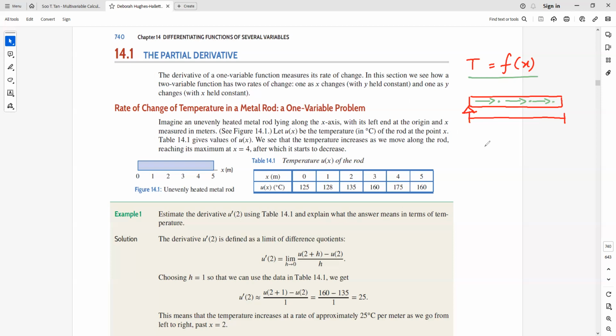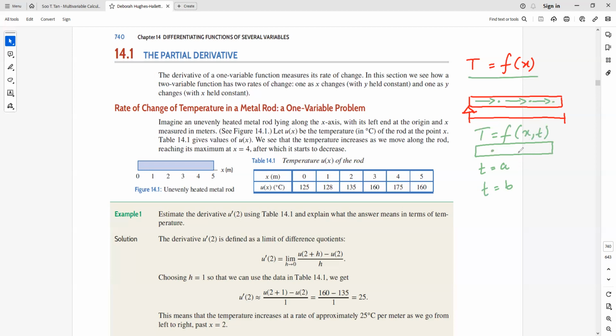Now, if we are concerned with what's happening with time as well, for instance, we have a rod like this, and we want to find the temperature at this point at some time A, and then again, we are interested in finding the temperature at the same point after some time B. We can see that the temperature is not a function of x only, but now it's a function of x and t as well.